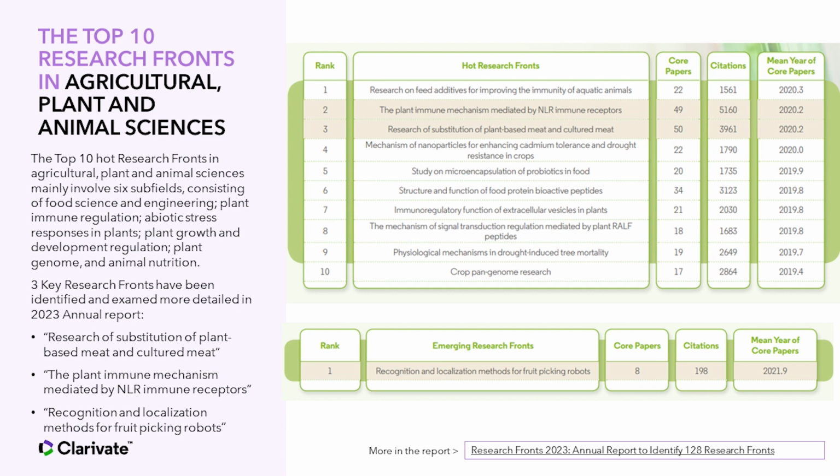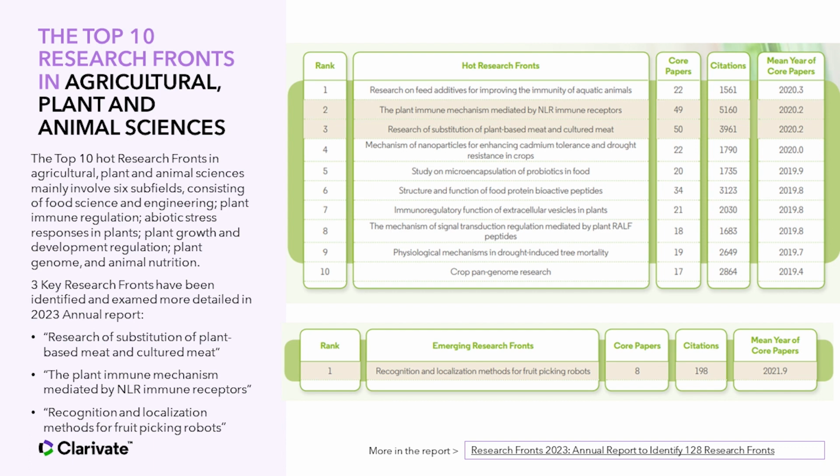So it seems that you have research on feed additives or improving the immunity of aquatic animals. That's a research front. In that research front, you have 22 core papers which cumulated 1,561 citations. And the mean year of the core papers is 2020. So this is relatively recent research, 2019, 2020, and so on, right?